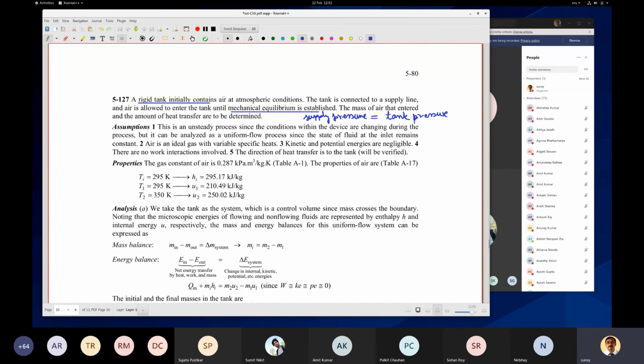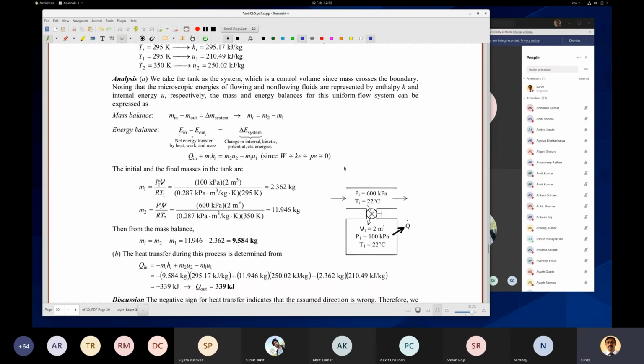So air is again an ideal gas. So what is happening here? So this is the supply pressure. And this is the tank pressure initially.